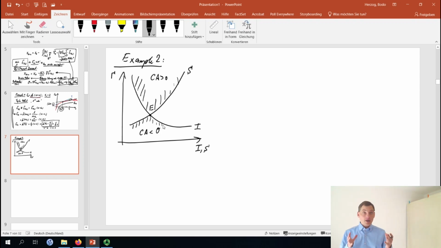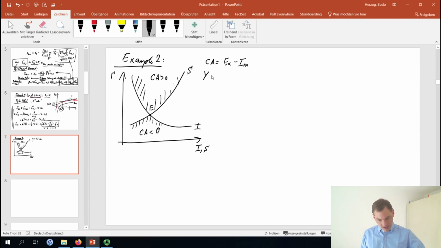And that is in macroeconomics very important, and you probably remember that the current account is defined as export minus import, and from the income expenditure identity, Y is consumption plus investment plus government spending plus net exports or current account. We can rearrange it and we get saving minus investment is equal the current account.